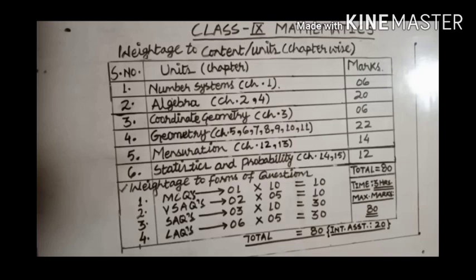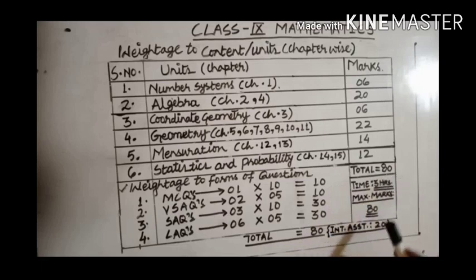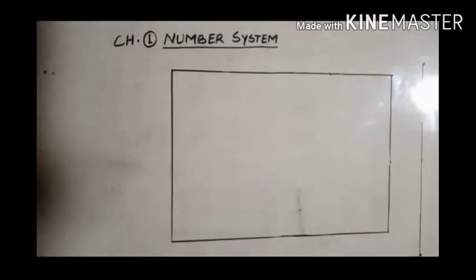And remember that in ideal situation your question paper will be of maximum marks 80 and of time duration 3 hours, and remaining 20 marks depends on your internal assessment. That's it.